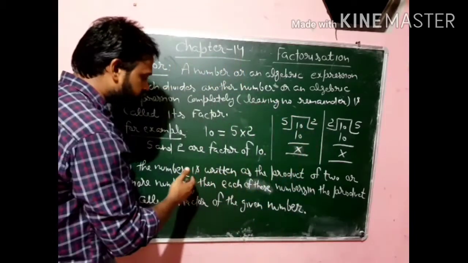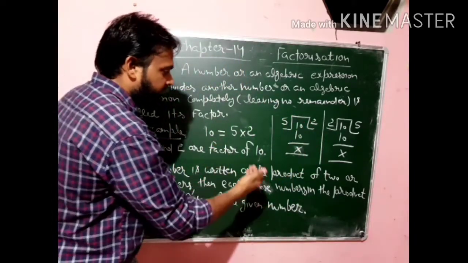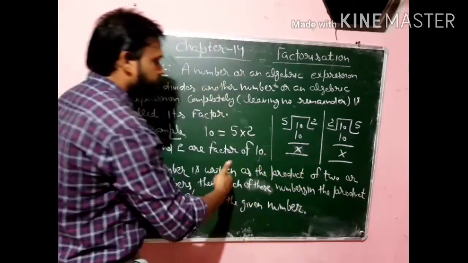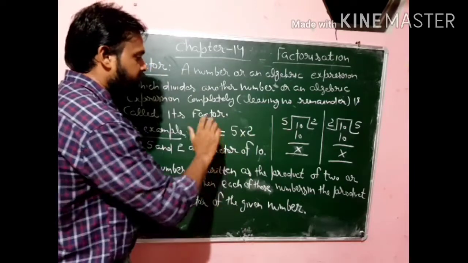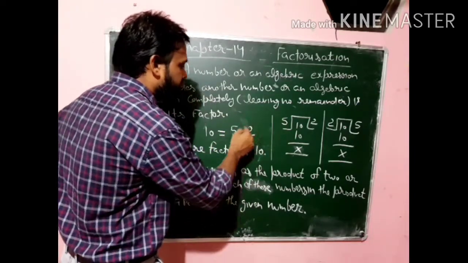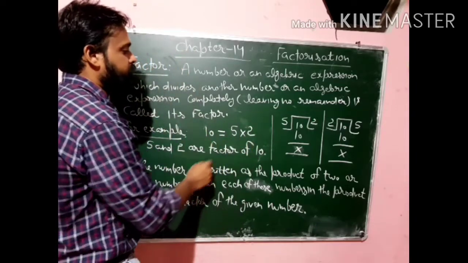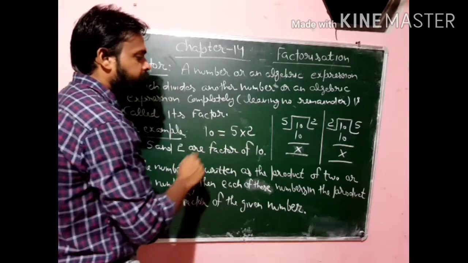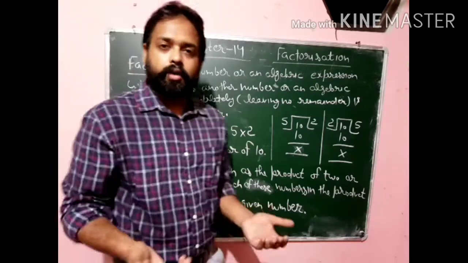We can also write the given number as a product of two or more numbers, and the numbers in the product are the factors of the given number. So 5 is a factor of 10 and 2 is also a factor of 10. I hope this is clear to you.